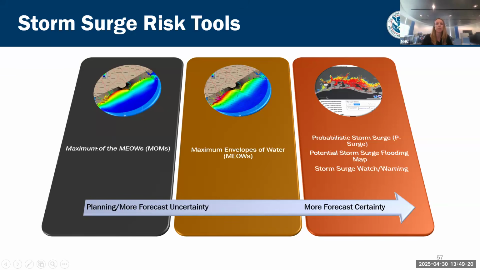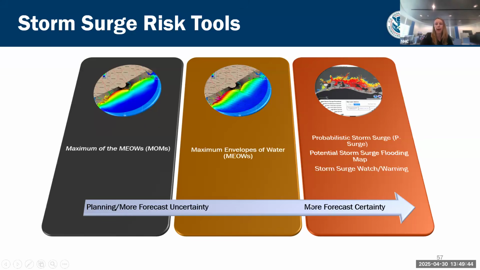And these are extremely helpful tools. They're pre-computed, available now, and ready for end users to start planning and preparing for hurricane season. And so obviously these are used for planning when we have more forecast uncertainty. The arrow on the bottom represents that planning phase.